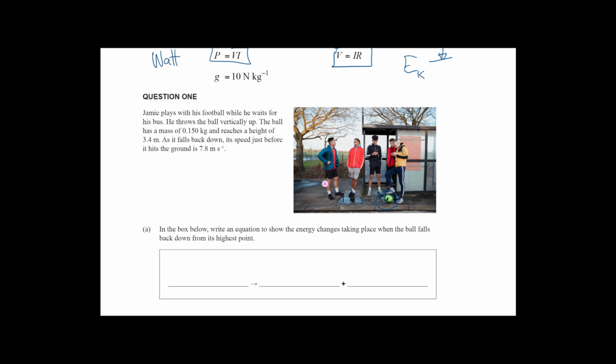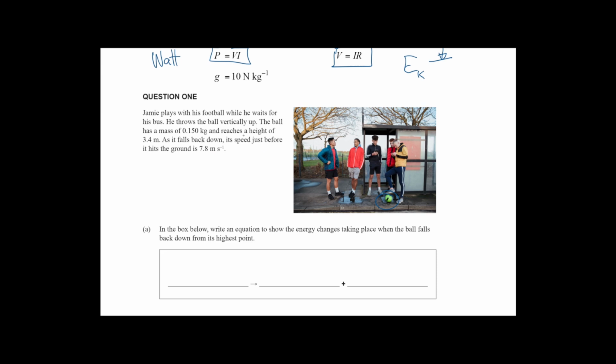They've obviously been told to pose like that, and been told, just don't look at the camera, and they've taken the shot. Here's the football, and I guess this is Jamie. Doesn't matter. So he throws the ball vertically up.